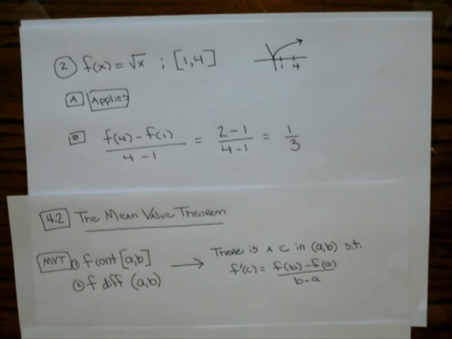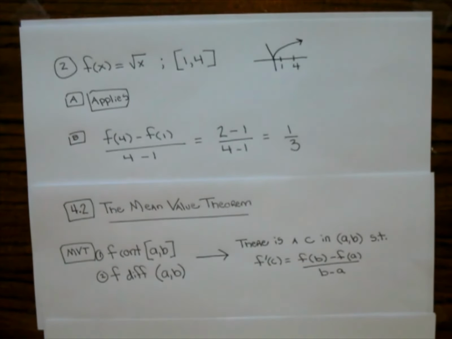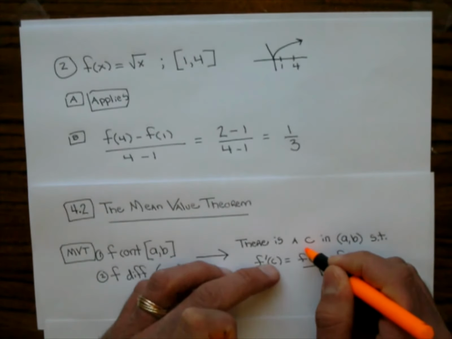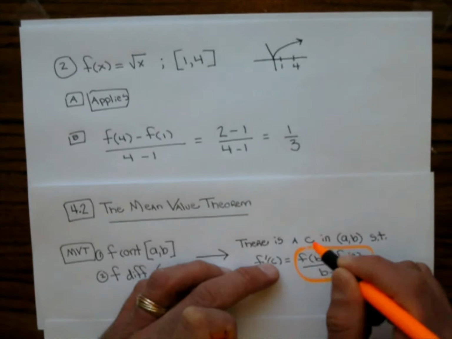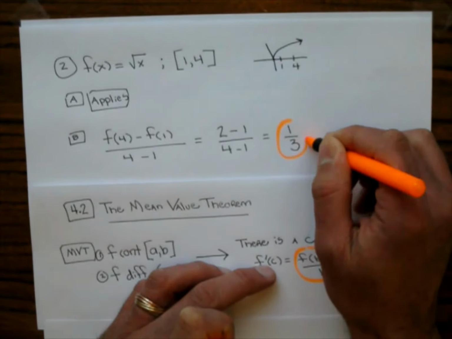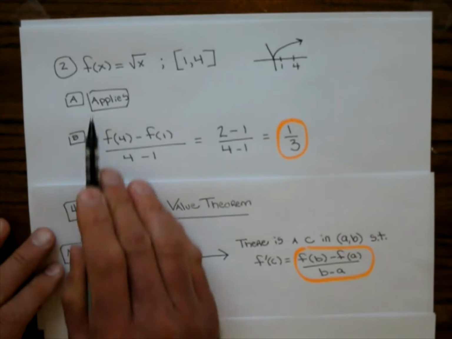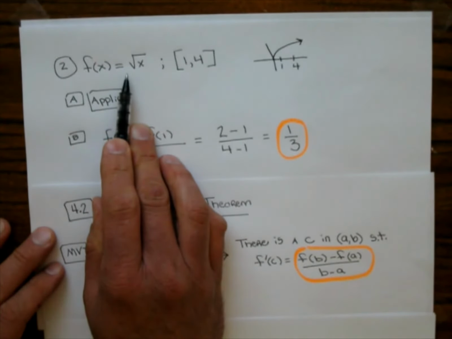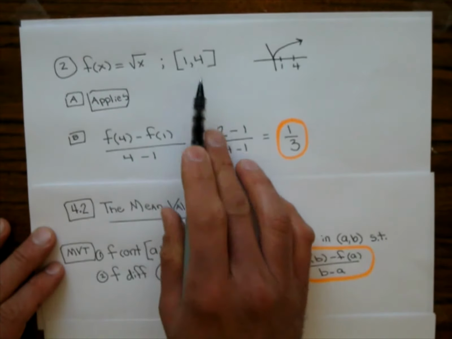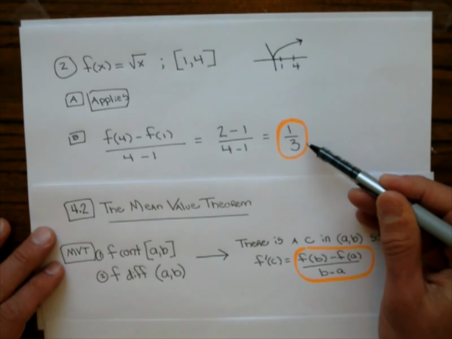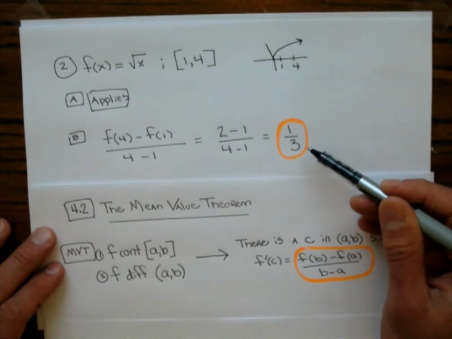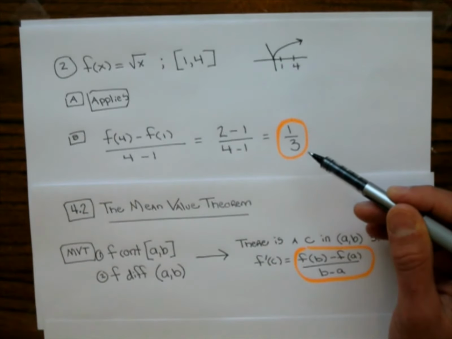Okay, so we've just computed that. Let's kind of color code this. Okay, what I want to do is take the derivative of the function and find a point within this time interval that will have a slope of that, or try to find a time that has instantaneous velocity 1/3.